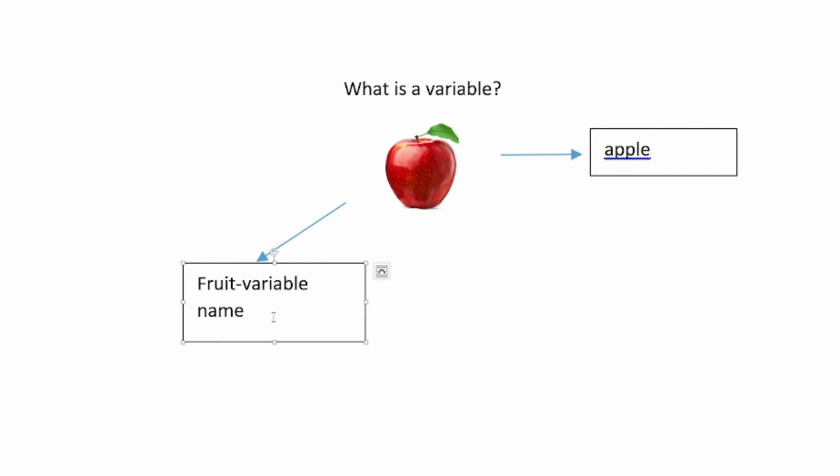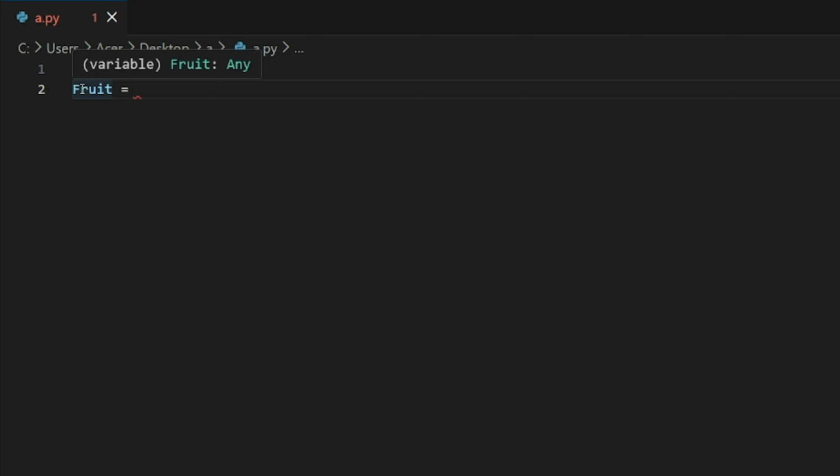A variable has a name and a value. It's like we say something is something. For example, fruit is an apple. In this case, fruit is a variable name and apple is a value. So fruit equal apple is a variable.